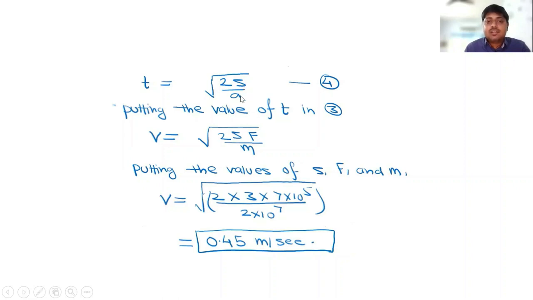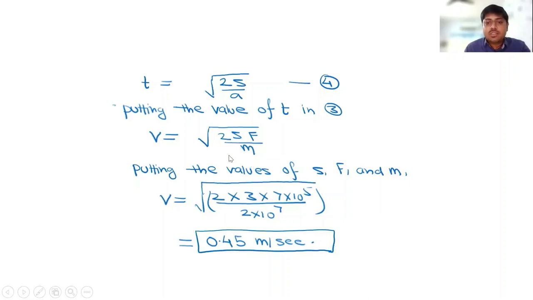If we further write this acceleration in terms of force and mass, which are the known parameters, and put this value of t in the relation v is equal to at that we discussed before, then we can write the final velocity in this form, that is, square root of 2 times displacement times force divided by mass.